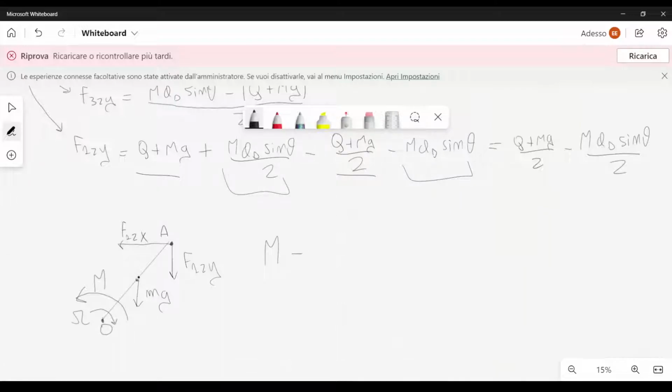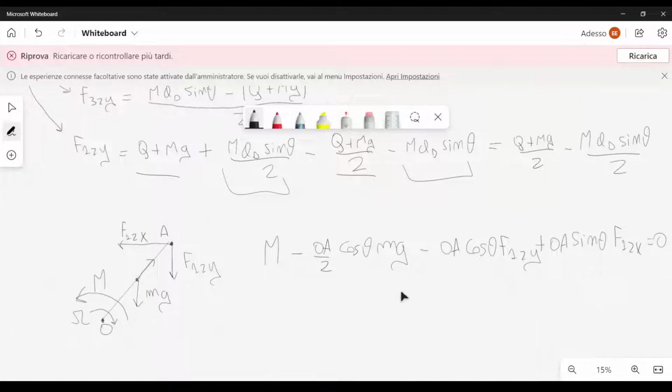We also have a centrifugal force here, but we don't care about it because it will not generate any moment with respect to O. So we have minus OA over 2 cosine theta mg minus OA cosine theta f12y plus OA sine theta f12x, and this should be equal to 0.